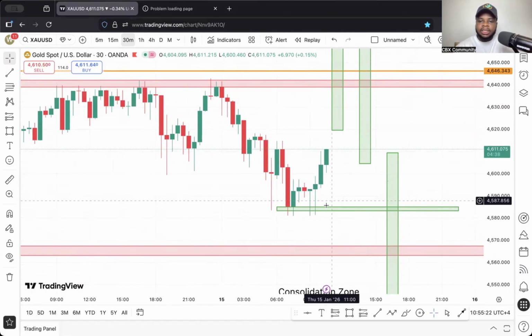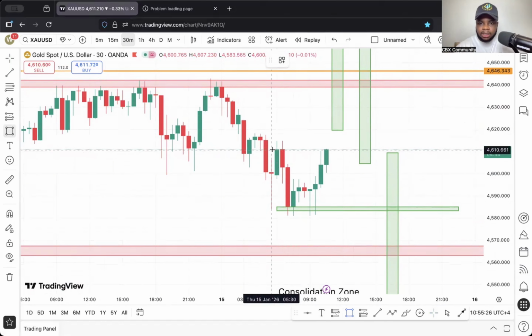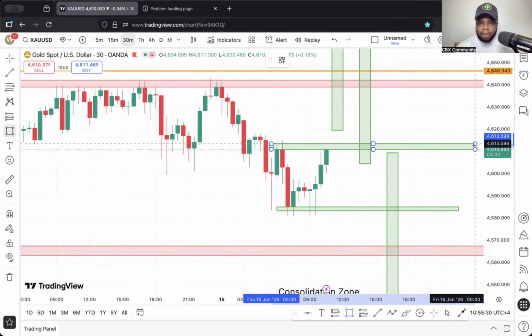Since this is the recent support zone, let's identify our recent resistance. Our recent resistance is here, which this 30 minutes candle is about to break.